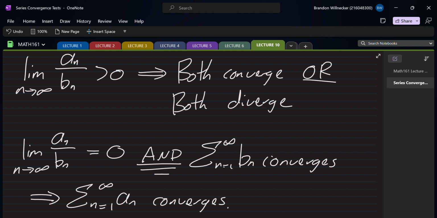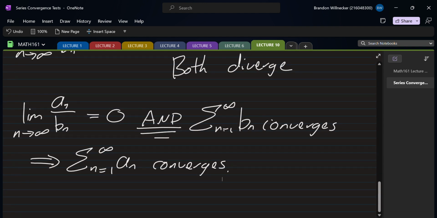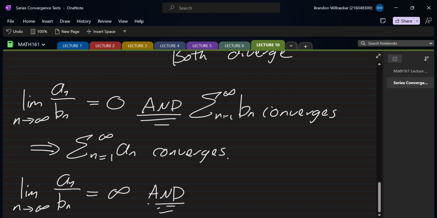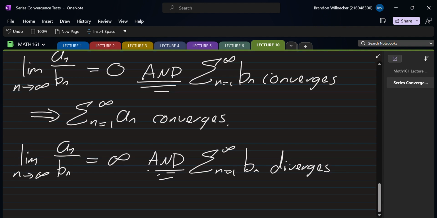So we know if the bottom one converges, then the top one also converges if the limit is 0. And then the last one, limit n goes to infinity, an over bn. If this is infinite, and the bottom one diverges, then that means the top one diverges.